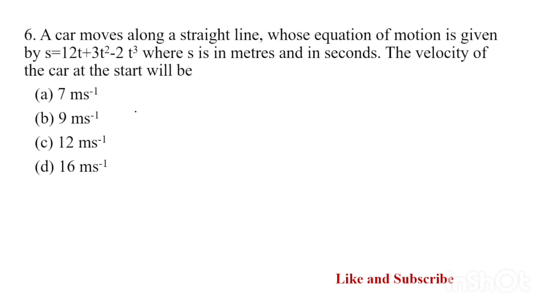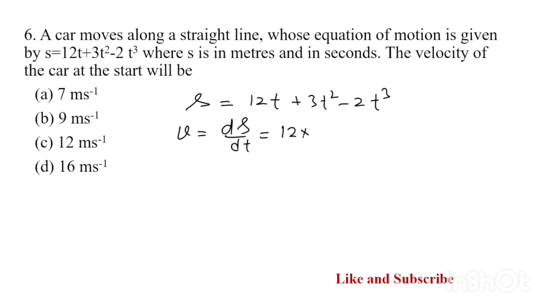Now question number 6. This question is based on instantaneous speed. Now S equal to 12t plus 3t square minus 2t cube. Velocity of the car at the start. So V equal to ds upon dt. Now we differentiate: 12, derivative of t is 1, plus 3, derivative of t square is 2t, minus 2, derivative of t cube is 3t square.